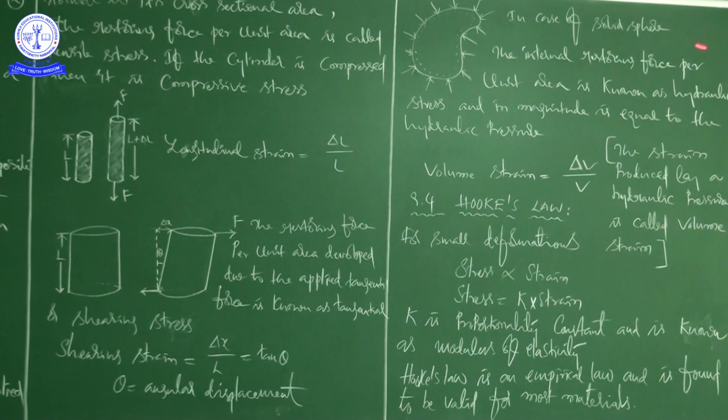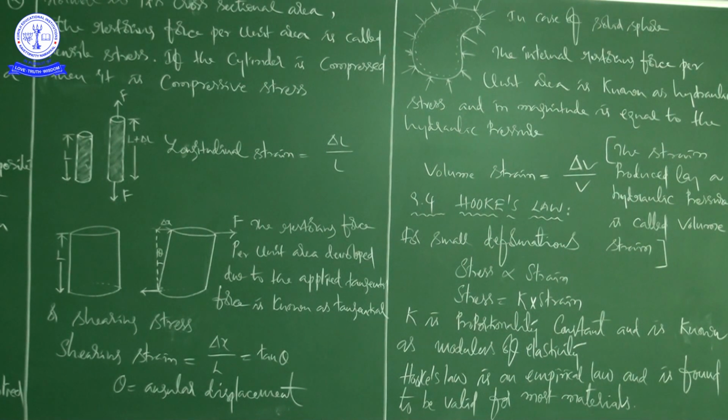I have written here, you can observe: the internal restoring force per unit area is known as hydraulic stress, and in magnitude it is equal to the hydraulic pressure. Hydraulic pressure means applied force per unit area.